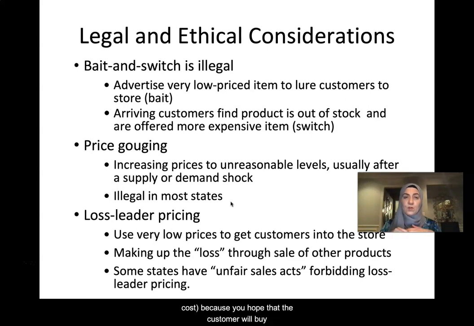You're selling them below cost because you hope that the customer will buy other products. For example, Publix does all of these buy one, get one frees, or these huge offers on a bunch of stuff every week. I believe that they're losing money on some of these things, but they're making it up because the customers are coming in and buying a lot of other unrelated products while they're there.